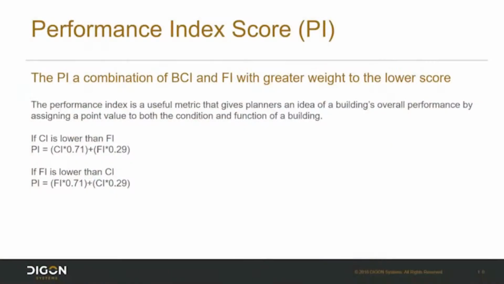So whatever is worse, no matter if it's perfectly configured, super energy efficient, beautiful, but your equipment is falling apart and you don't have air conditioning and you don't have electrical, you still are not going to be able to perform your mission. So yes, 70-30 roughly, with the weight to the lowest.